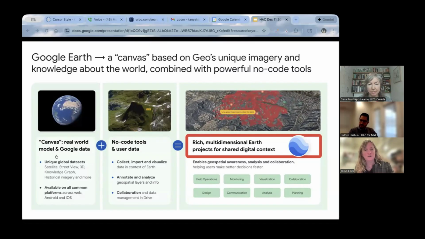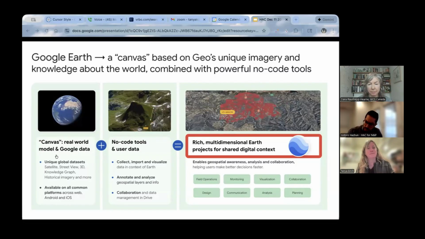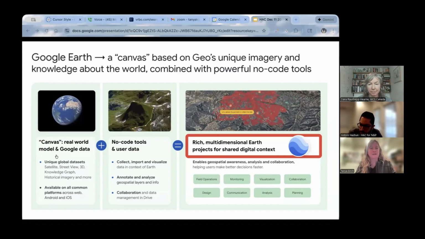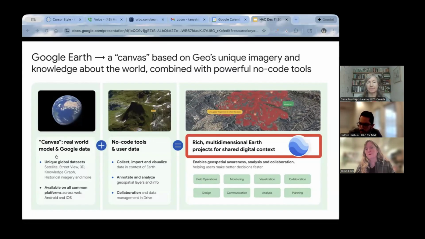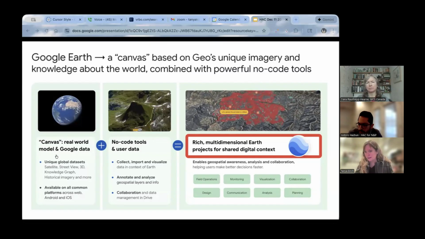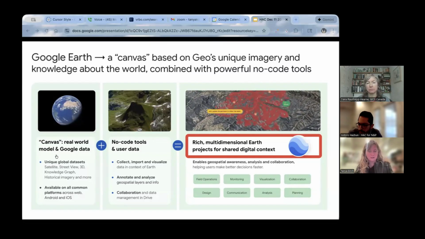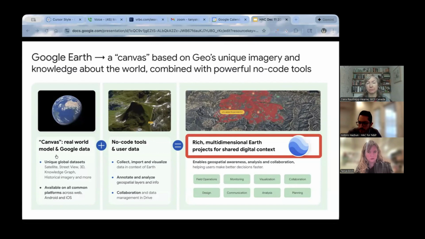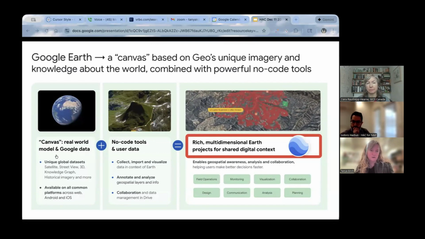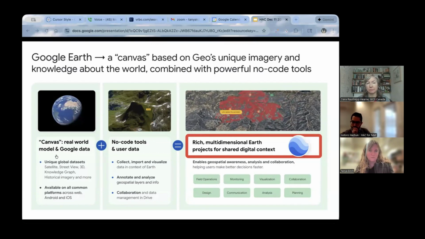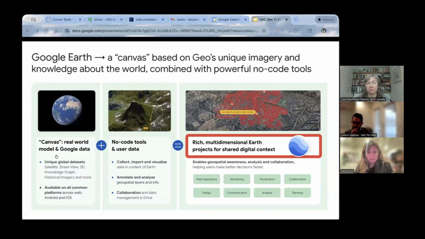And new features that are integrating AI capabilities are already released in experimental mode. And there's going to be more in there that integrates some of these science applications and AI foundations that I talked about earlier into Google Earth and making that more available to non-coders.